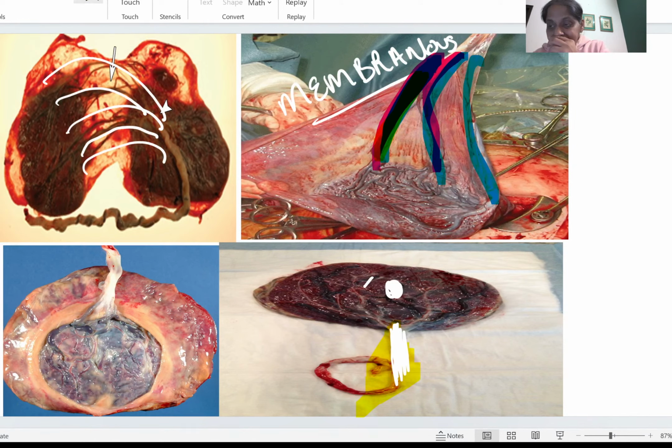Is it clear? Accessory lobe is present in all these three, succenturate, bilobate and bipartite.